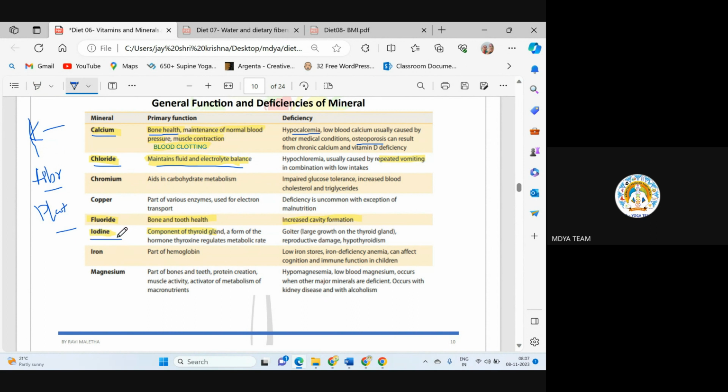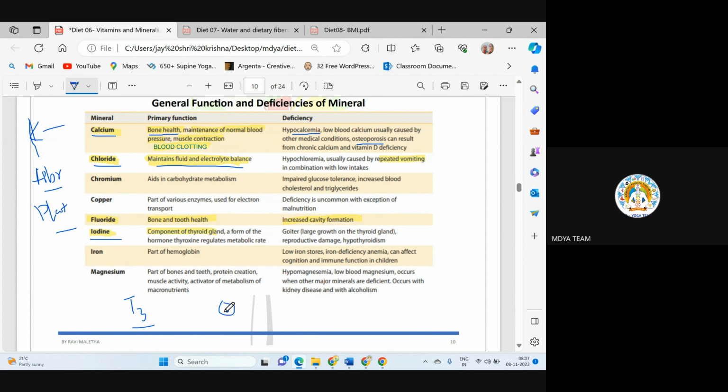Iodine is very much responsible for production of T3 hormone. Now, if there is deficiency of iodine, thyroid cells are unable to produce this T3 hormone. And our body thinks that these cells are not working properly.